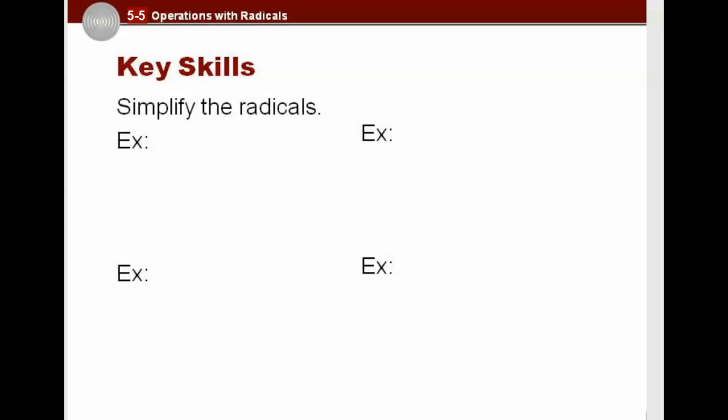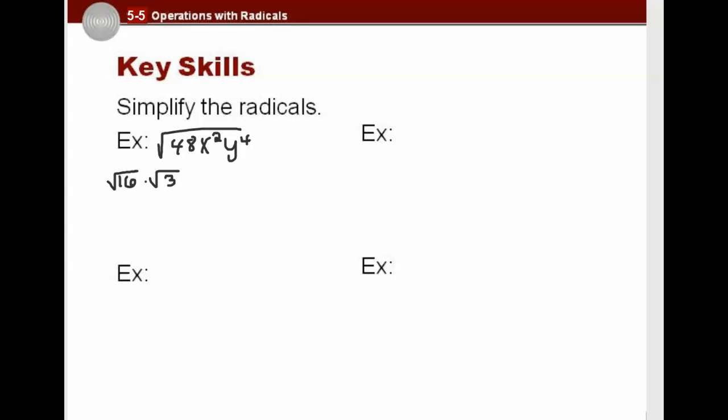Okay, and then for the last part, now we have multiple variables. That doesn't change your rule. So like the square root of 48 x squared y to the 4th, you take that multiplication property and you still apply it to each part. So we already know the square root of 48 is 16 and 3.